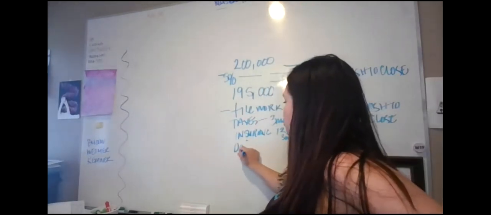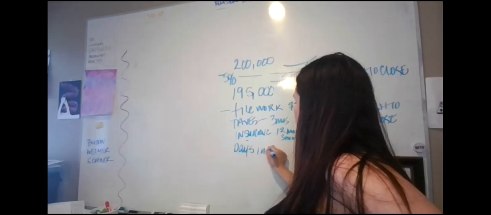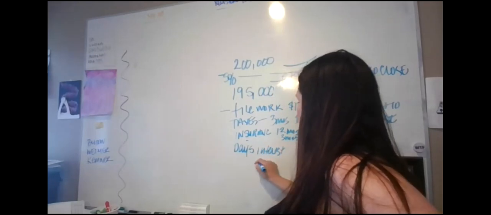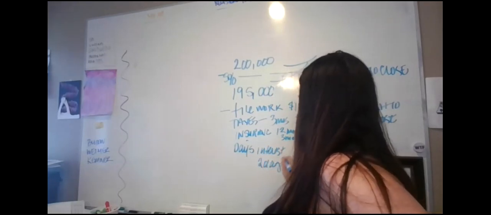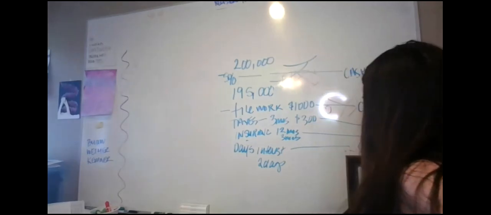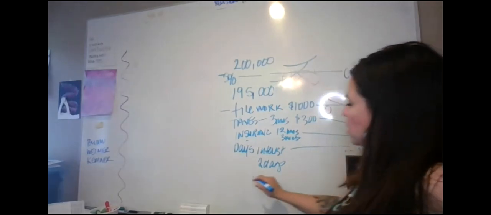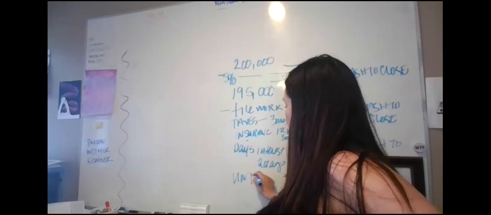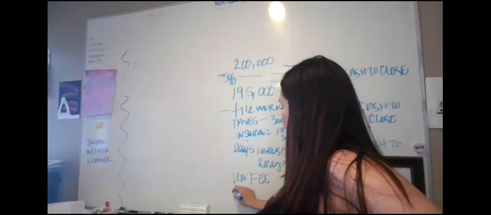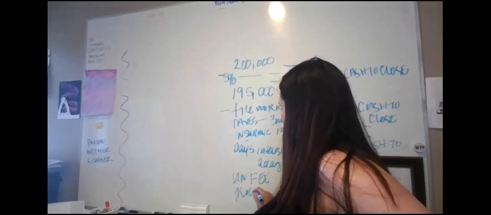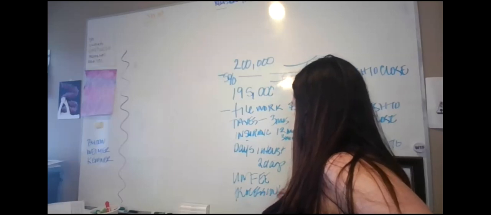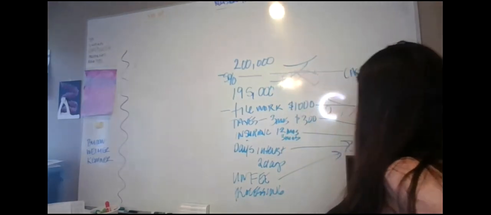The days of interest for the month you're in. So in our example, it was 2 days. That's cash to close. Your underwriting fee, processing fee. Okay, that's all cash to close.